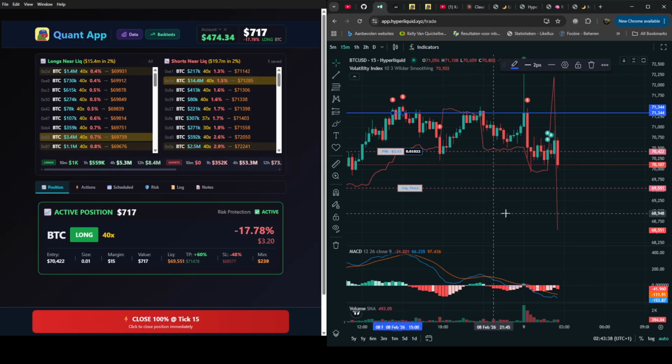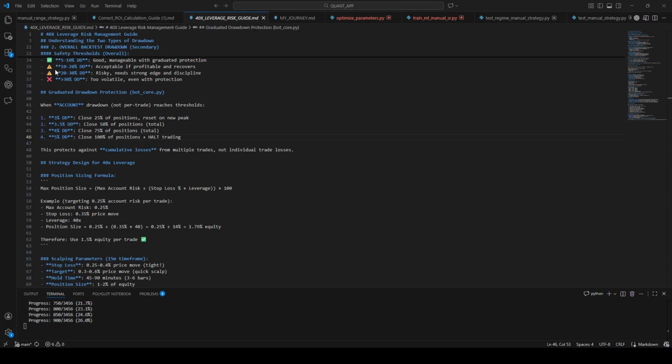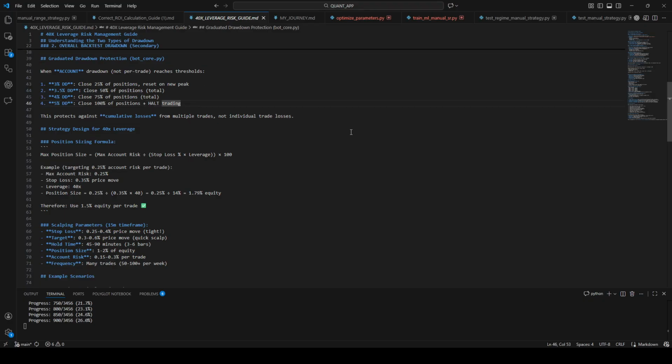I made a thinking mistake of scalping that way to make a little profit, but it backfired. It seems it's not done yet, but that's why we need to do this, guys, to protect against cumulative losses from multiple trades, not individual trade losses.